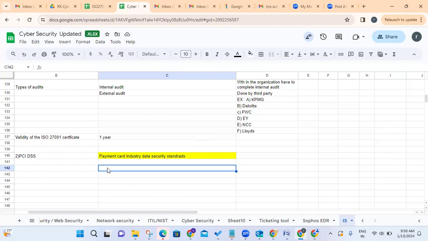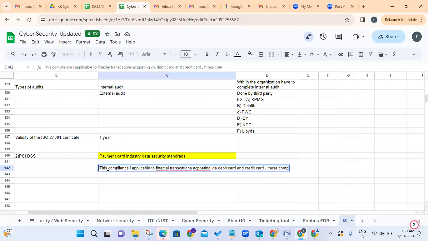This compliance is applicable to end user data, financial transactions accepting via debit card and credit card.